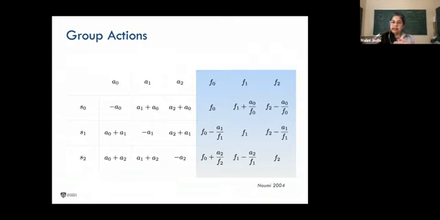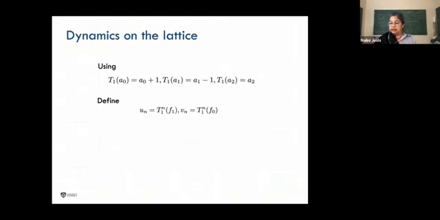So I can also look at the actions of translation on this additional hidden space. And when I do that, and noticing that in this other space, there's also a condition on the sum of the coordinates, F0, F1, and F2, what you find is now I've taken that constant to be 1. This is what I wrote down earlier in terms of the action of the translation. And now we define the repeated iterative action of T1 on those new variables, F1 and F0.